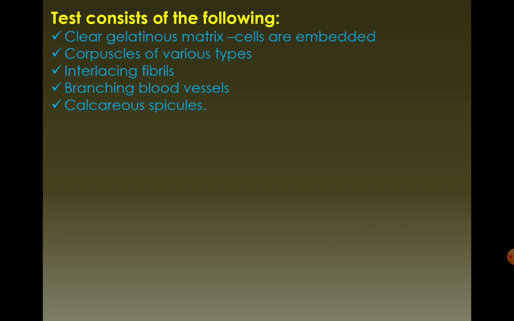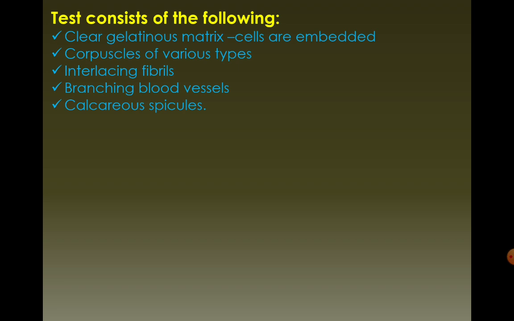Now when we talk about the test or the tunicin or the tunic, it mainly consists of the following layers. It has a clear gelatinous matrix in which the cells are embedded. It shows various types of corpuscles, and it has interlacing fibrils.